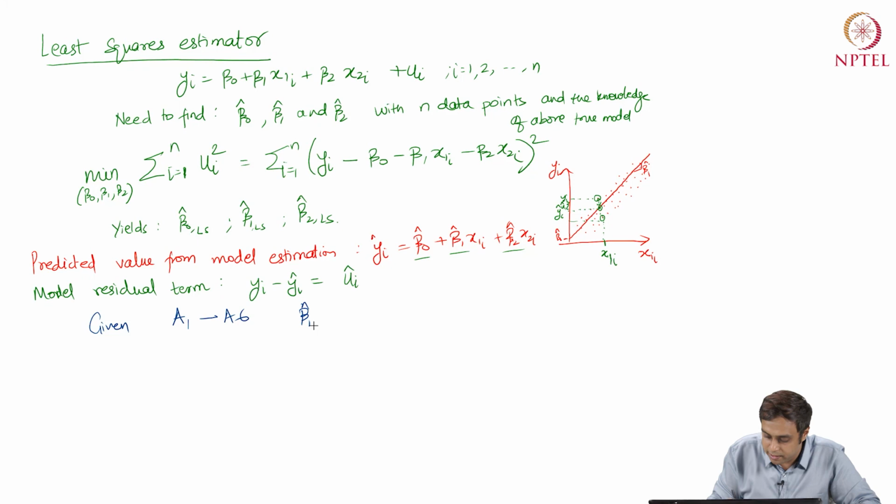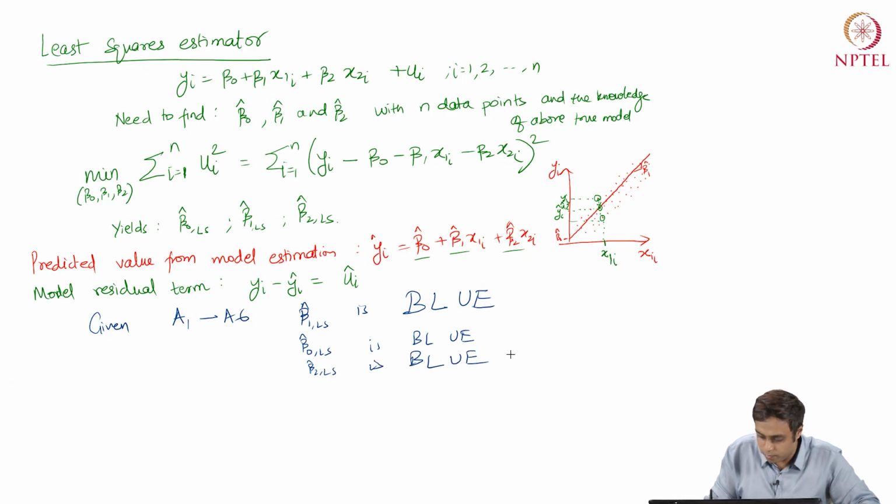beta 1 hat least squares is BLUE. Equivalently, we will also say beta 0 hat least squares is BLUE and beta 2 hat least squares is also BLUE.